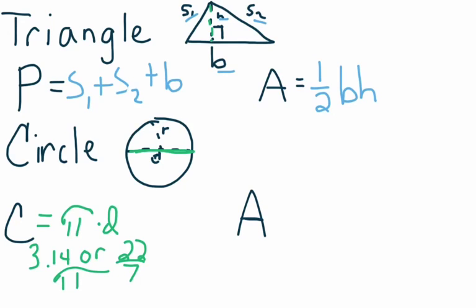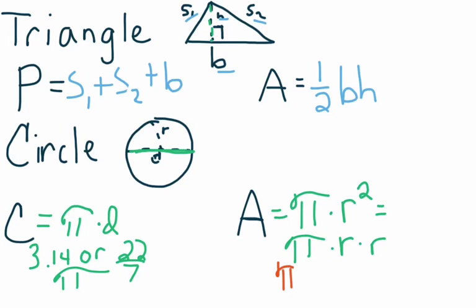Now, area is going to be pi times the radius squared, which means pi times the radius times the radius, okay? Because remember, when you square a number, you are multiplying it by itself. So if we had pi and r was equal to 7, we would do 7 times 7.